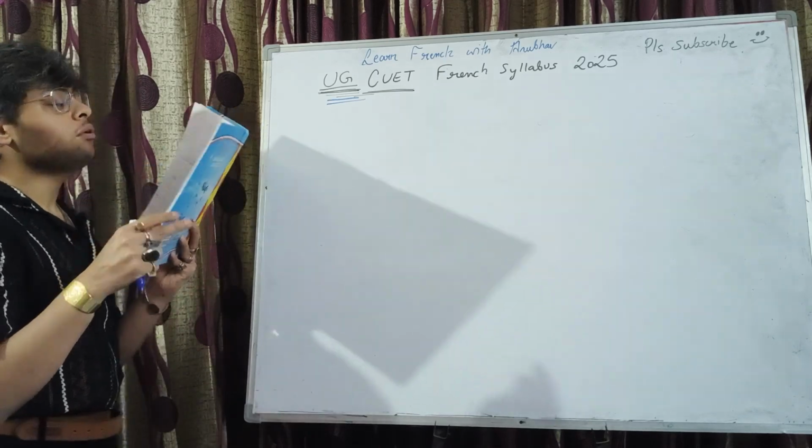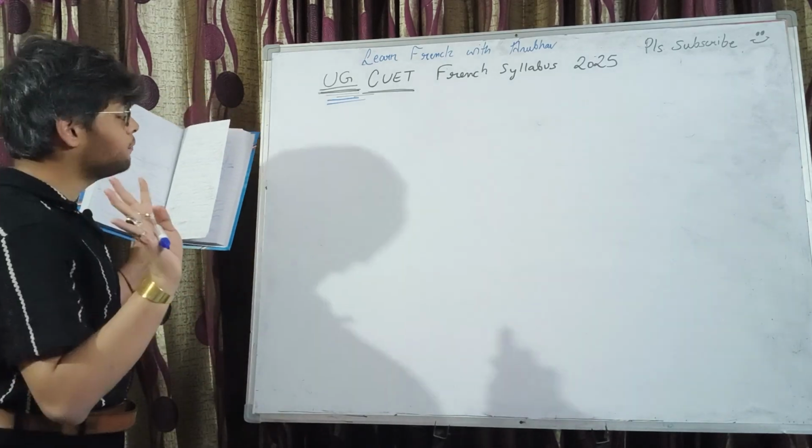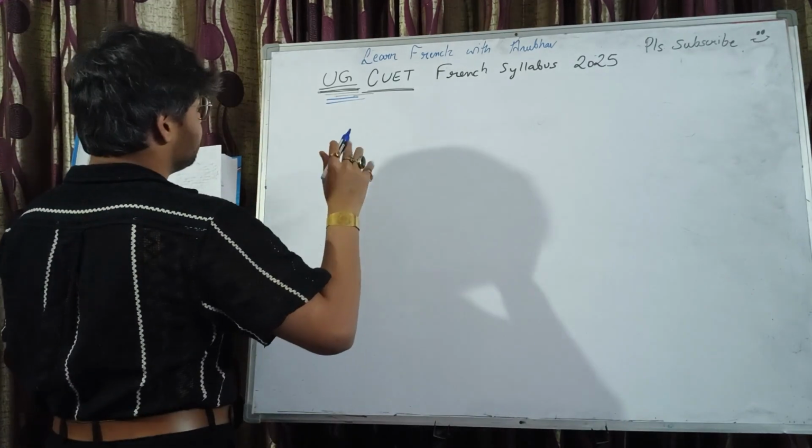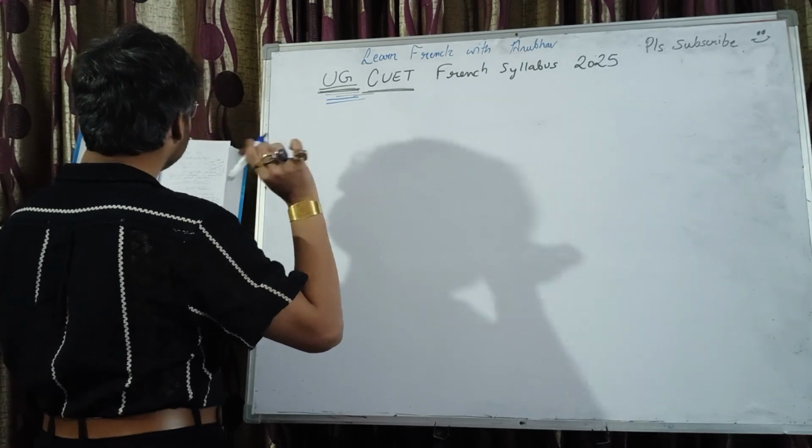Okay, so the general aptitude test subject code is 501 as per the 2025 paper. Information taken from the CUET website.